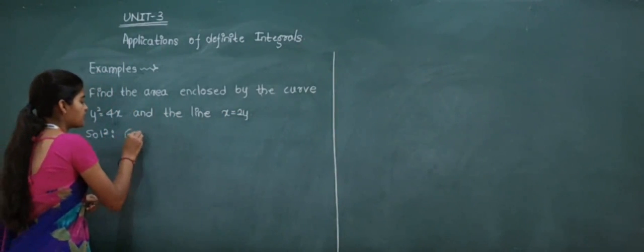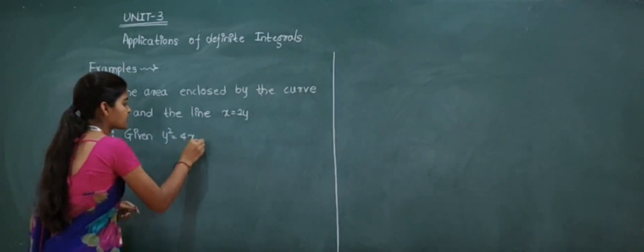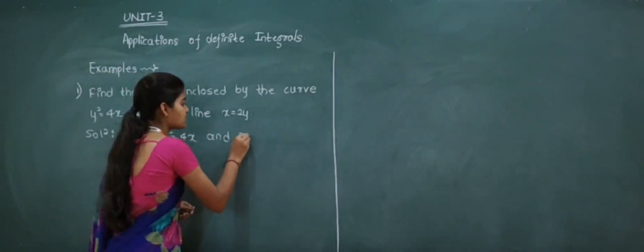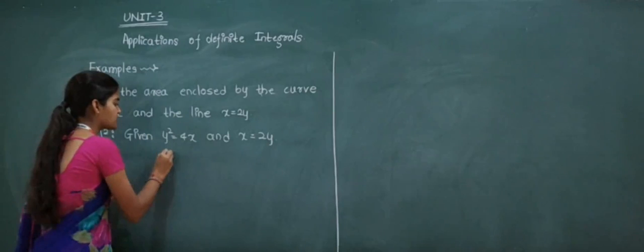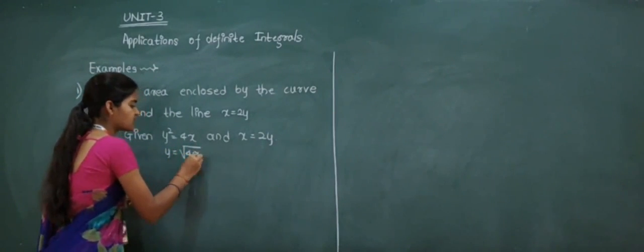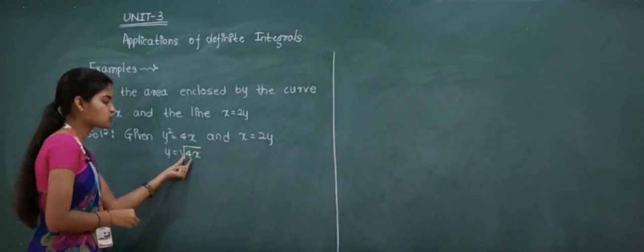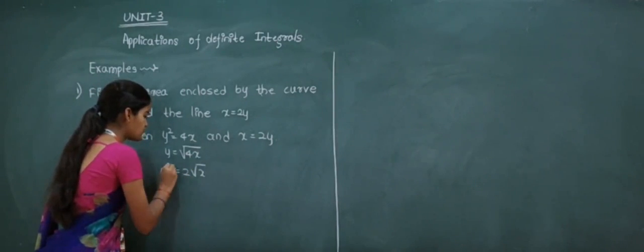Solution: first given is y square is equal to 4x and the line is given x is equal to 2y. Now from this find the y value. Y is equal to square root of 4x, right? And what is the square root of 4? That is 2, and remaining square root of x as it is.